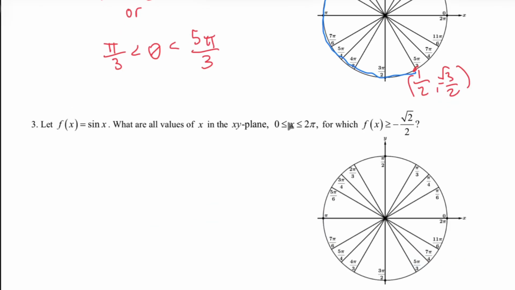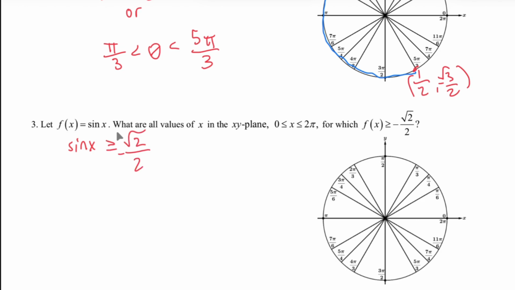So number 3 here. Let f of x be equal to sine of x for all values of x in the xy plane. Same thing. For which f of x is greater than or equal to negative square root of 2 over 2. So f of x is also sine of x, so I'm going to replace that. It's greater than or equal to negative square root of 2 over 2.